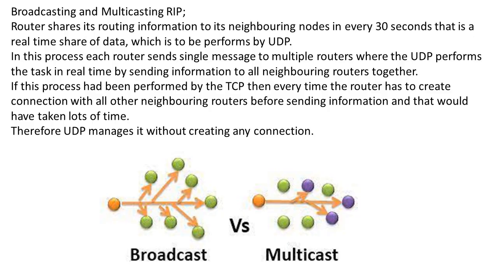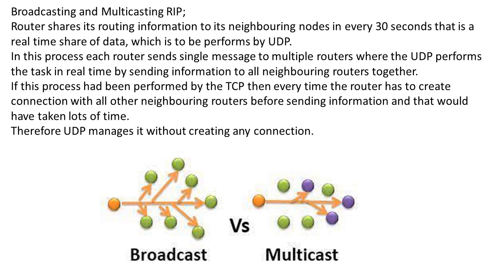Broadcasting and multicasting, RIP. A router shares its routing information with its neighboring nodes every 30 seconds. That is a real-time share of data which is performed by UDP. In this process, each router sends a single message to multiple routers where UDP performs the task in real time by sending information to all neighboring routers together.